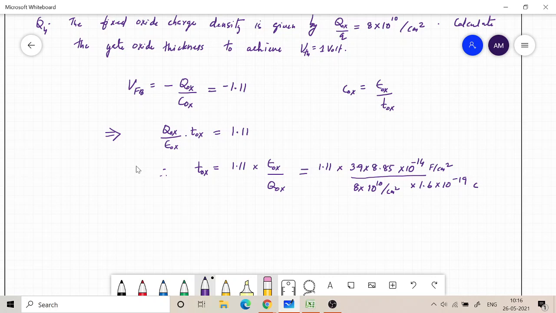This is coulomb per centimeter square, and farad per centimeter square, so it will be farad per coulomb, and then there is voltage. So what is going to be the unit?